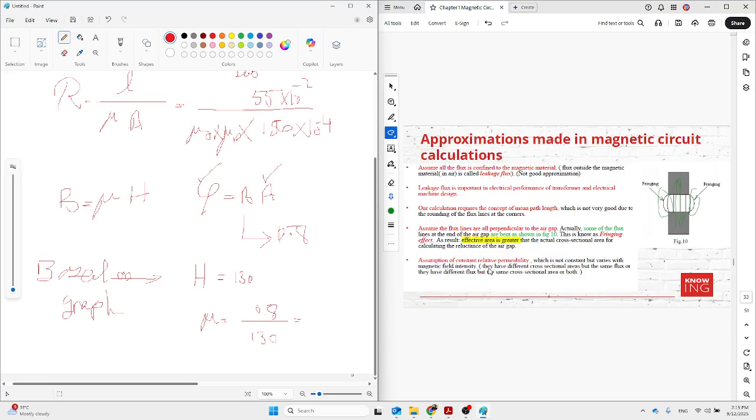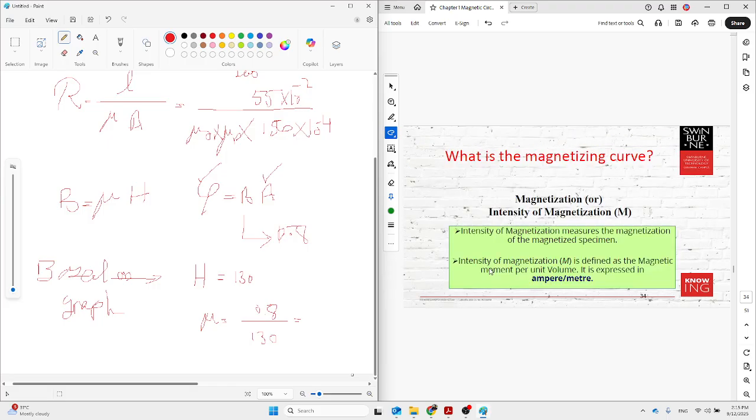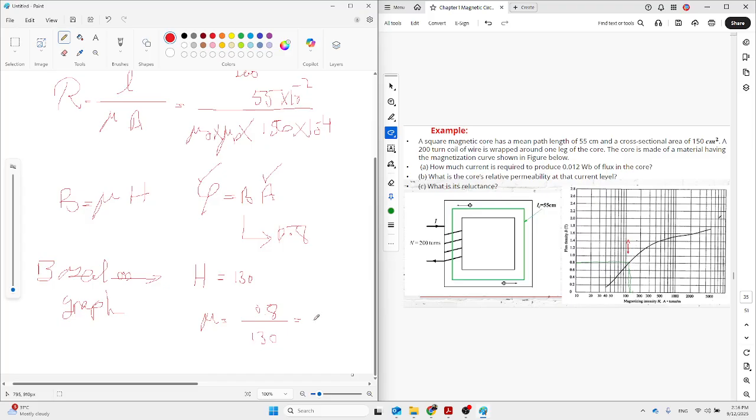Whatever, let me continue. Maybe I should convert it; I'm not sure. The value is 0.006. Then this is the mu r, correct? Or the whole mu?